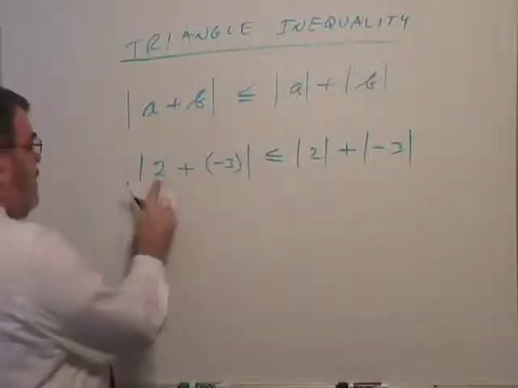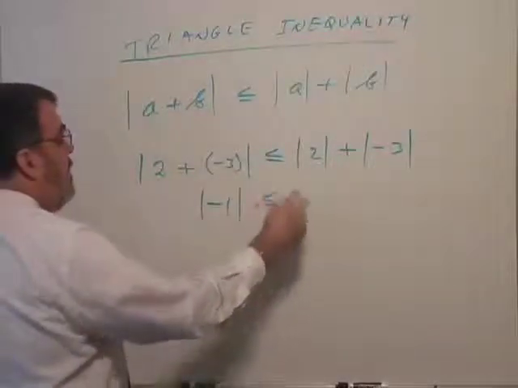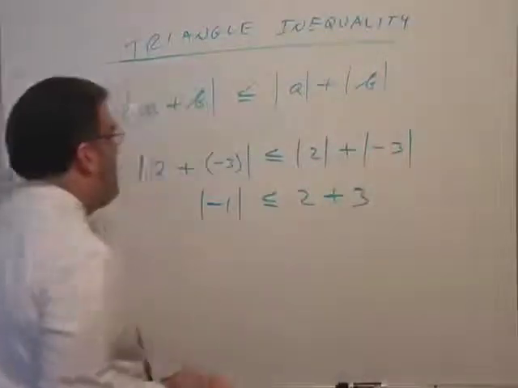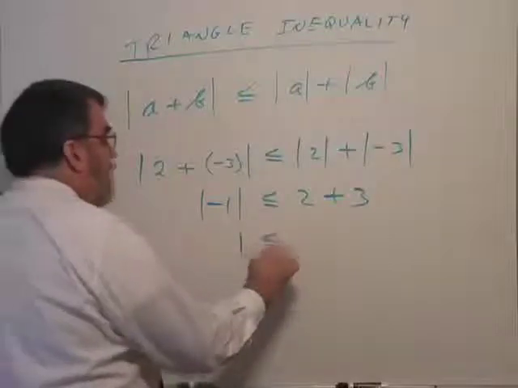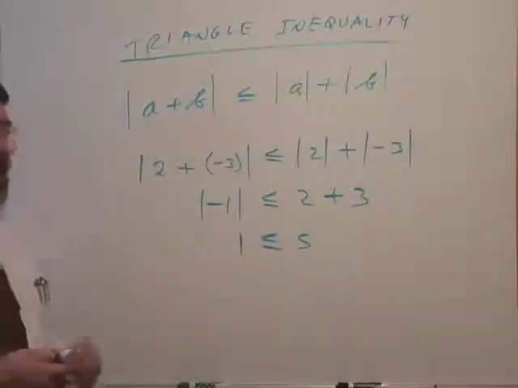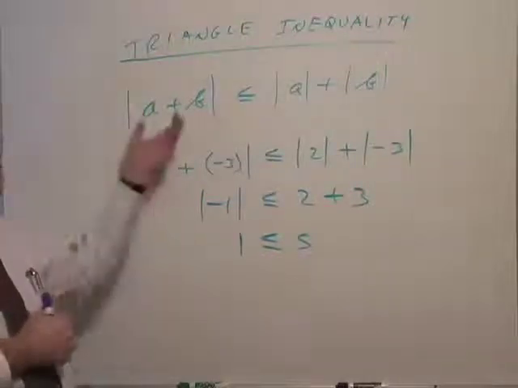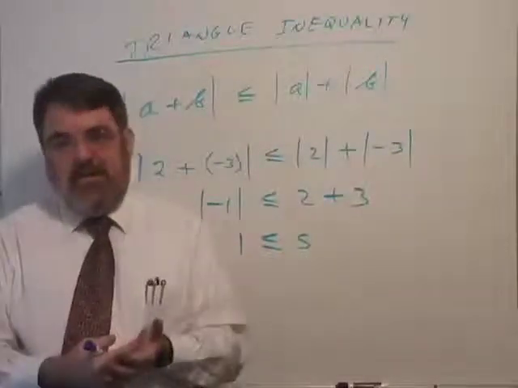All right, now here 2 plus negative 3 is negative 1, and the absolute value is 1. And I have 2, and the absolute value of negative 3 is 3. So I end up with 1 is less than or equal to 5, which of course is true. So there we get a less than. So it turns out if the two numbers are opposite signs, you actually have a less than.